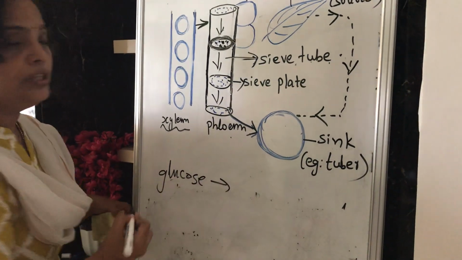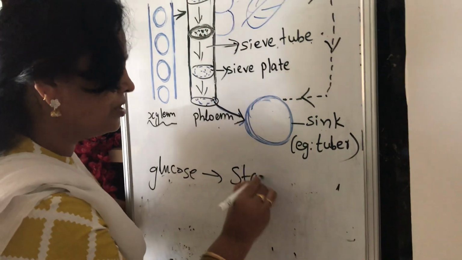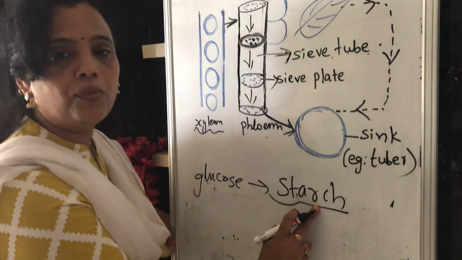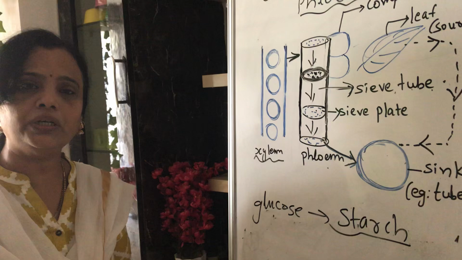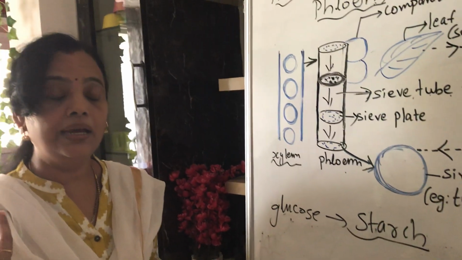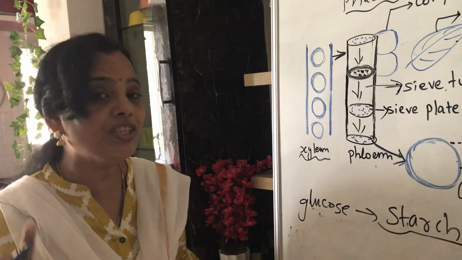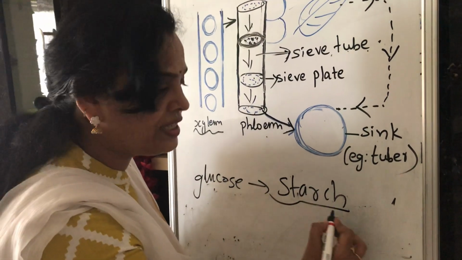And we all know that it immediately gets converted into starch. Whenever it gets stored, it will be in the form of starch, because starch is a more complex form of a sugar and it's insoluble in water. So it can be easily stored.